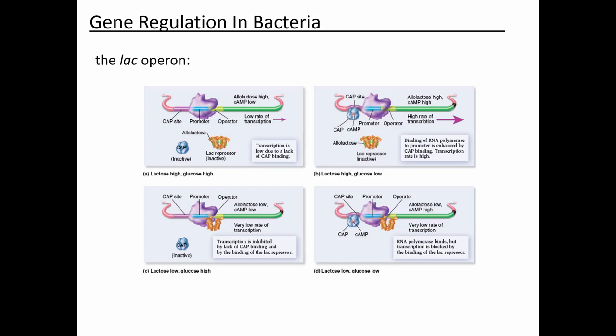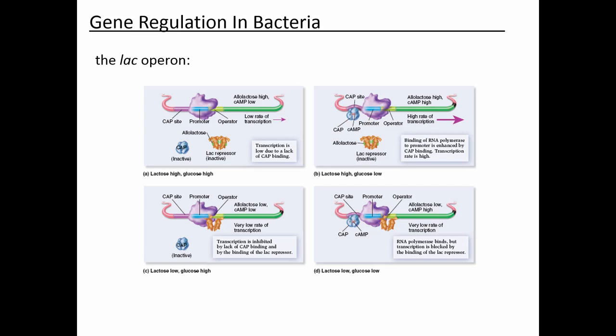But because lactose levels are absent or low, you do not have allolactose around, which means the repressor is active and bound to the operator. So in this situation, you have the activator there and working, but the repressor is bound to the DNA and it prevents transcription. So it's off because the repressor is preventing transcription from taking place.